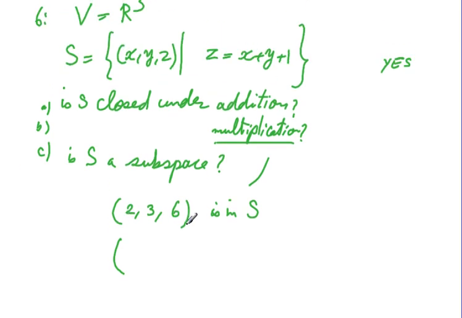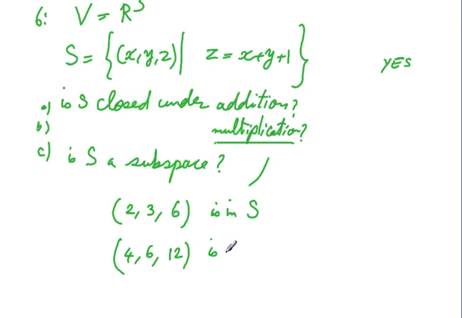If you double it or triple it, it should still have the same format. Let's take this and do something to it. Say double it. Double it for me and tell me what you get. 4, 6, and 12. Is this a member of this set? No. Is the last one the sum of the first two plus 1? No, it is the sum of the first two plus 2. What happened? If you doubled x and y and z, you need a 2 there to make the two sides equal.